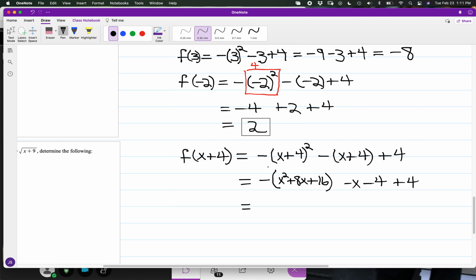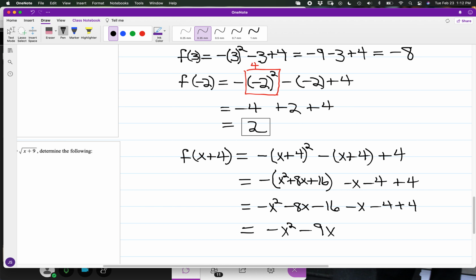And so for the negative of the square of x plus 4, we have -x squared, then minus 8x minus 16, minus x. By then you could go ahead and cancel out the negative and positive 4. Once we combine like terms, we have -x squared, and then -8x and -x, so this will be a -9x.